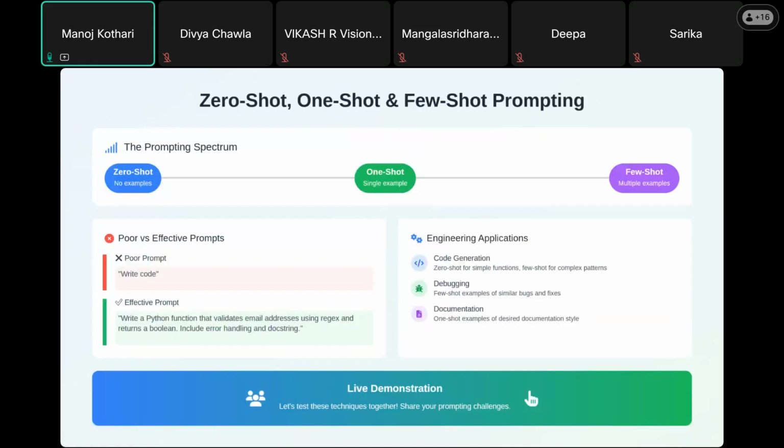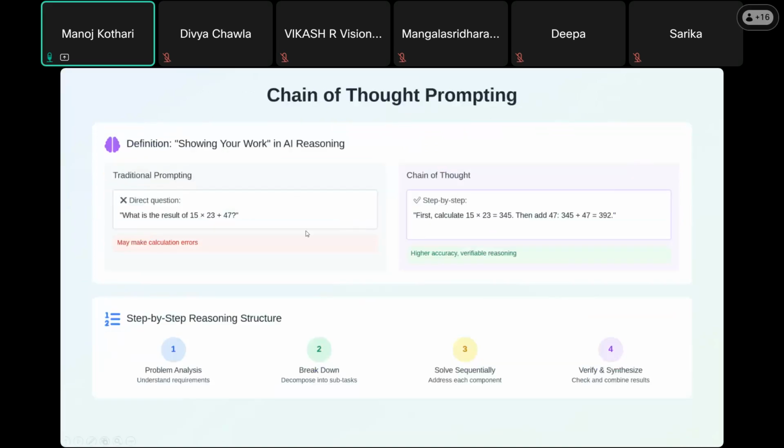Okay. So let me give you some examples of this prompt engineering. When you ask what is the result of 15 into 23 plus 47, it may give you a response as an answer, but you don't know how it is calculated. What are the steps?